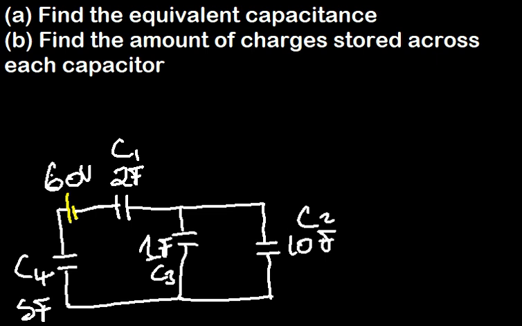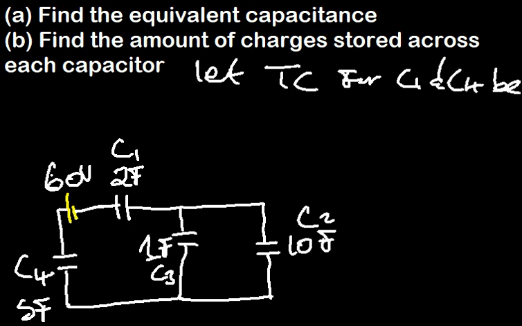So first, in order to find the equivalent capacitance, we have to calculate the total capacitance for these two, since they are connected in series only. We calculate them first, then combine them with the other two. Let the total capacitance for C1 and C4 be N. Since they're in series, 1 over N is equal to 1 over 2 plus 1 over 5.